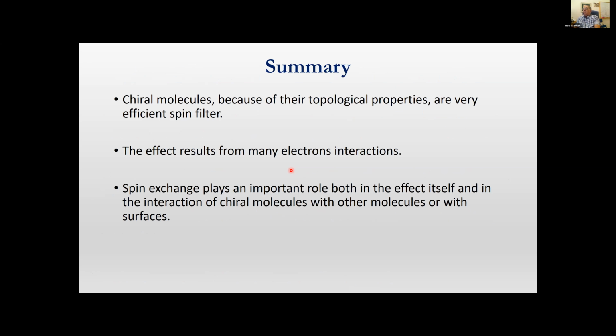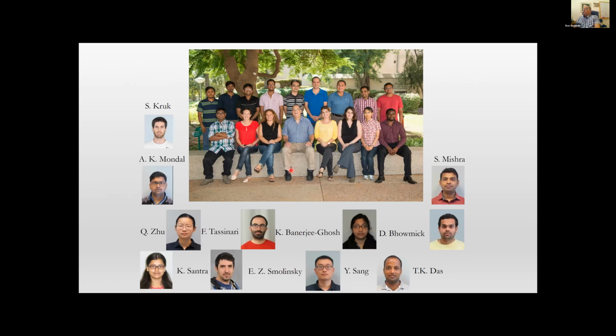The effect results from many electron interaction. Spin exchange plays an important role both in the effect itself and the interaction of the chiral molecule with other molecules or with surfaces. Here are the people that really did the work, and their dedication made everything possible.